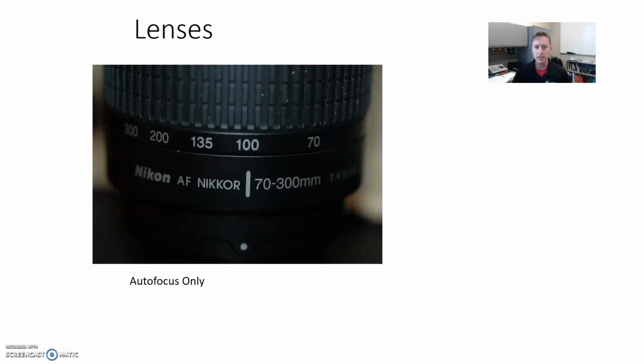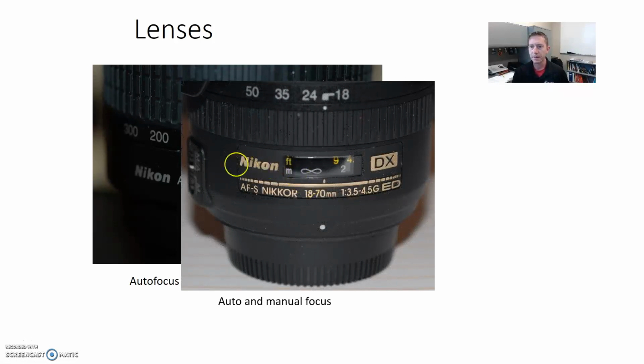All right, there are a couple of different kinds of lenses out there, as folks are thinking about picking up lenses. Here we have an autofocus only lens. This one does 70 to 300 millimeters, so it's more of a lens designed for telephoto use. Versus here is a lens that has a switch on the side for autofocus and manual focus.